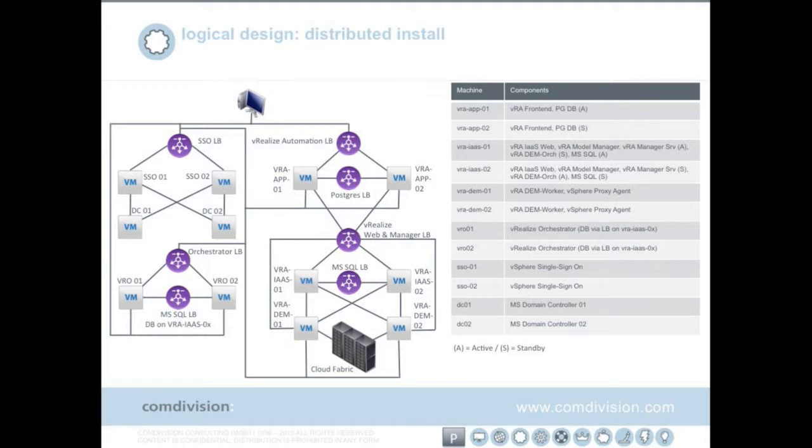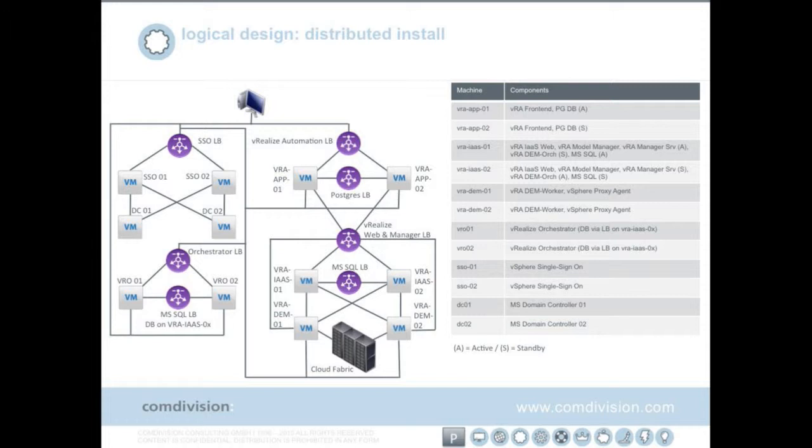Yeah, I would definitely start with VRA. The point here is when we talk about a distributed installation, it's not only the number of virtual machines that grows dramatically, it's also something even more complex. You need load balancers, and this is, to be fair, the simplest way of doing a VRA distributed installation.